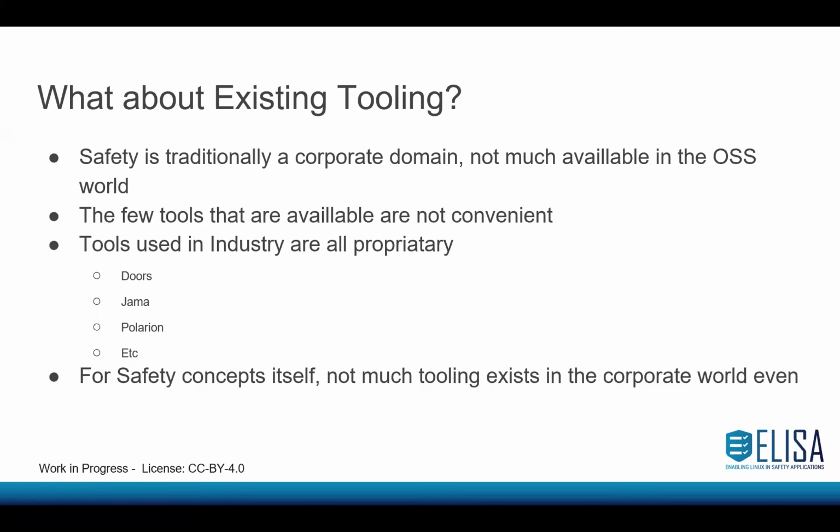There's stuff like DOORS, Yama, Polarion, probably more, and what they all share is that they are proprietary. And since we are in an open source context, that just won't fly. Safety is a corporate domain, and in the open source domain, there is no tooling, or at least hardly any tooling, and the stuff that does exist, at least the stuff I looked into, did not fit the bill.